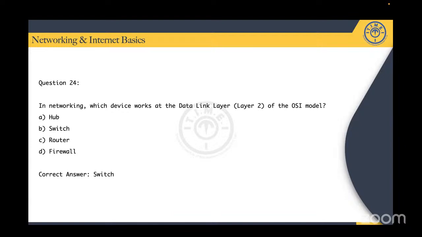A switch works at the data link layer, level 2. A router works at the network layer. A firewall operates mainly in the network layer. So hub is layer 1, switch is layer 2, router is layer 3. The 3 layers are physical, data link, and network.